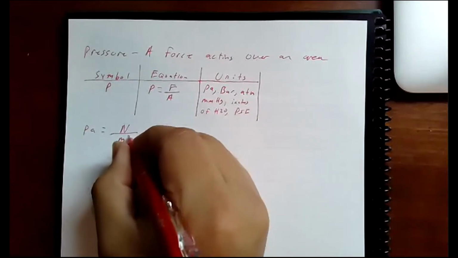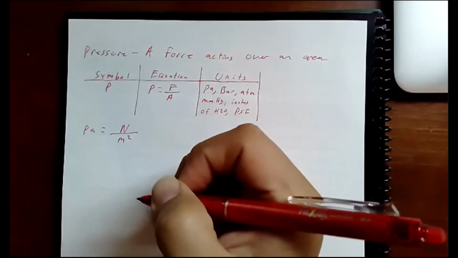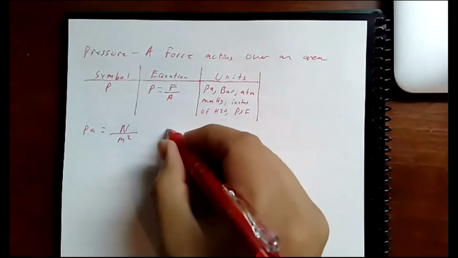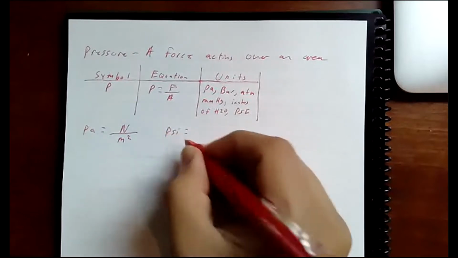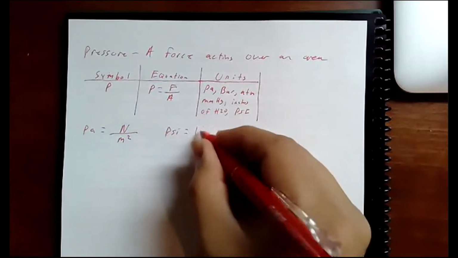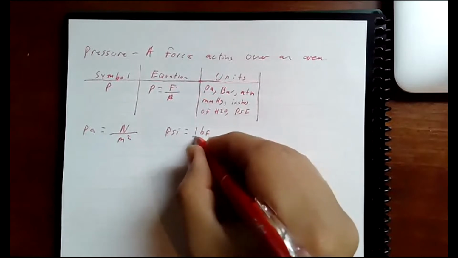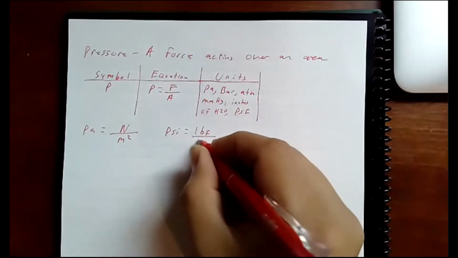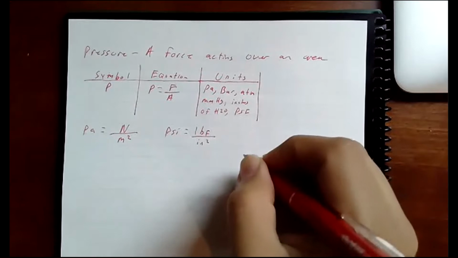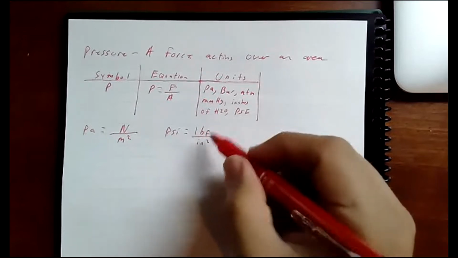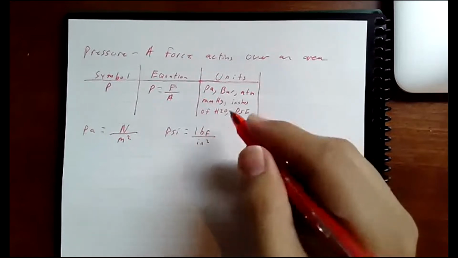So right away you can kind of tell which one's the SI unit, right? Which one's the American unit. PSI is pound force per inch squared. So for every square inch, you have a pound of force. That's what the PSI is telling you.